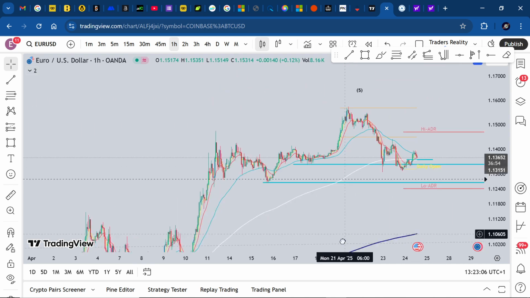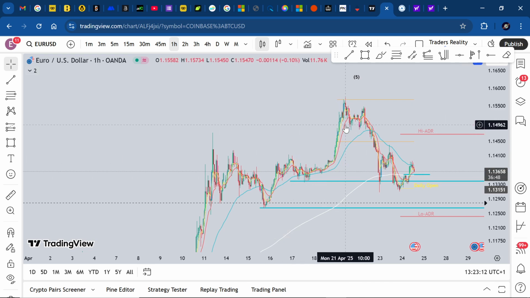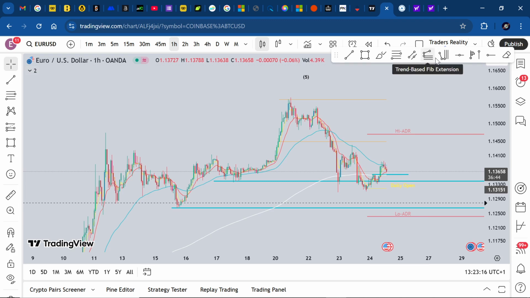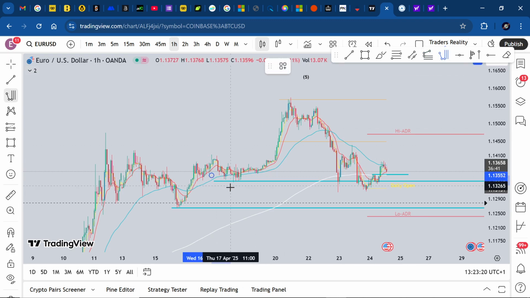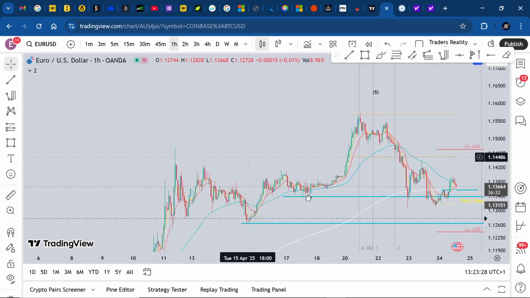Now I could count it like this: a 1, a 2, a 3, a 4, and a 5. But that would mean our 2 wave is significantly longer in price, size, and time than our 4th wave. The minimum for our 4th wave needs to be 0.382.